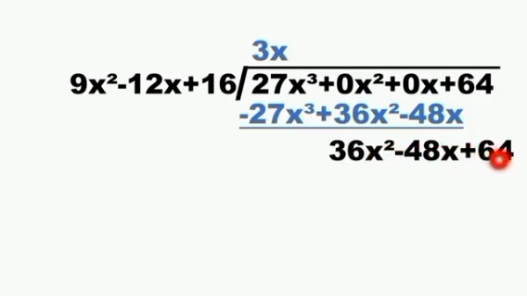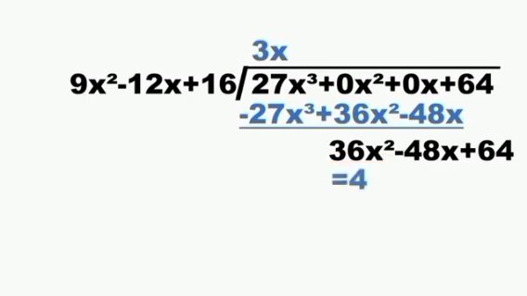And the next step is again dividing the first term 36x squared by 9x squared, and the answer is 4.